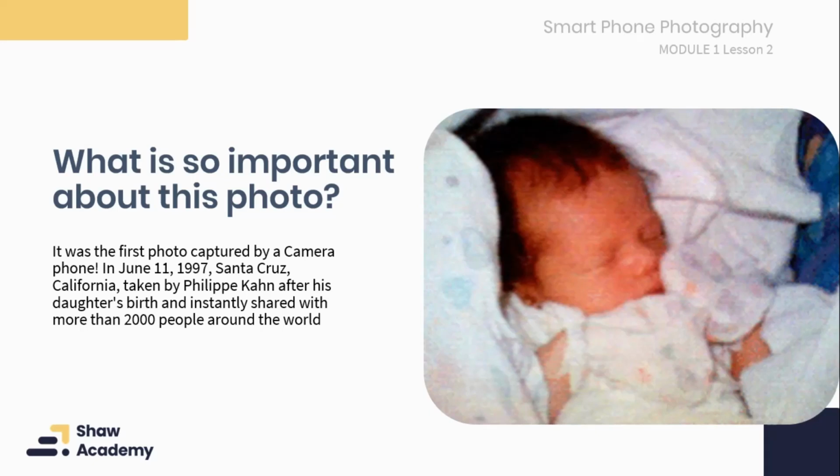The first camera phone wasn't actually released until 1999, and it was exclusively in Japan. But this was the first photograph captured on a camera phone, and even then it was instantly shared with more than 2,000 people around the world via email. So a very significant photograph of Philippe Kahn's newborn daughter, taken back in 1997 with the first camera phone. So there's an interesting one for you.